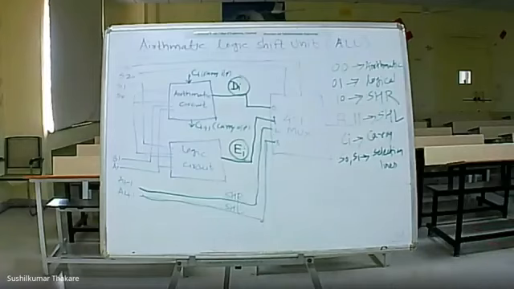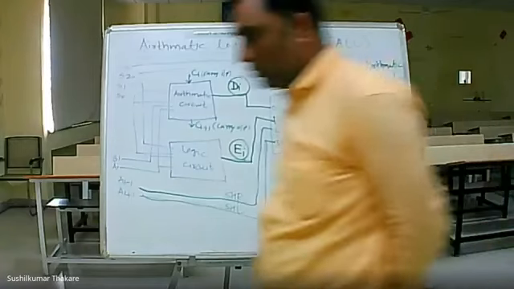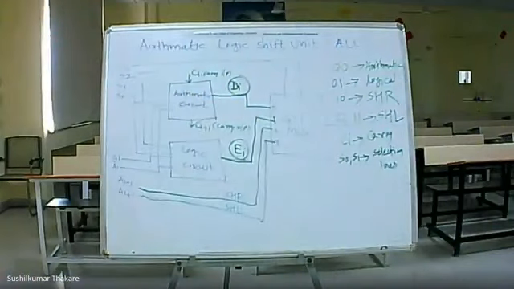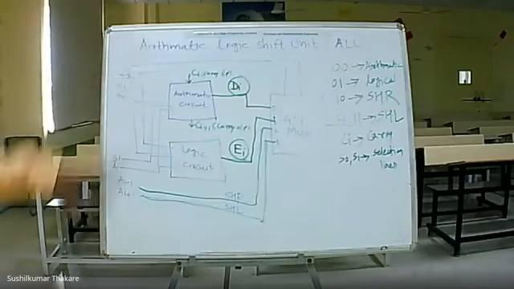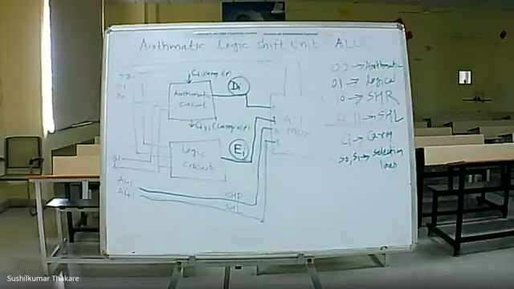This is the complete architecture of the arithmetic and logical unit. So draw it, and if you have any doubts regarding this architecture, ask me. It is a combination of arithmetic and logical circuits. Why 0 0, 0 1, 1 0 operations happen will be clear using the truth table.